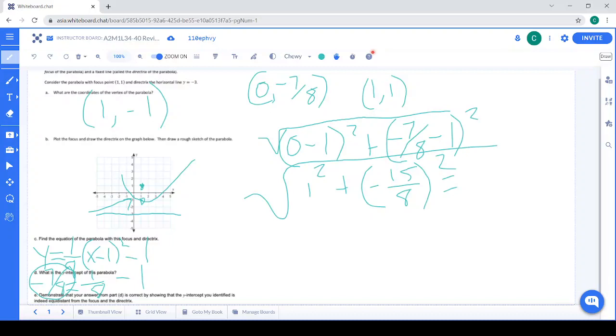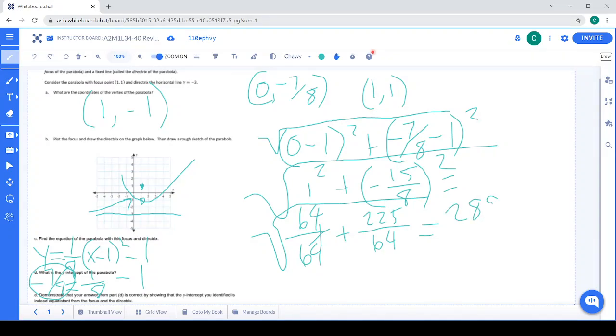So we're going to get 1 plus 225 over 64. Okay. So we're going to make this 64 over 64. Remember, all this is still square rooted. So that's going to be 289 over 64.